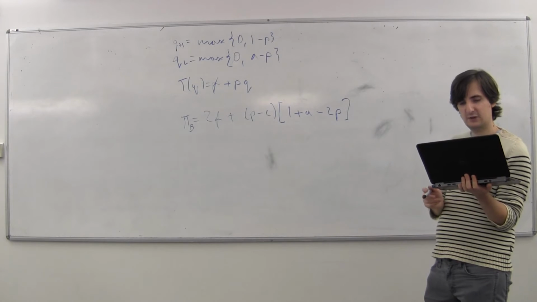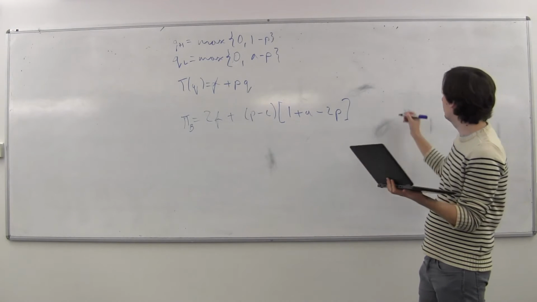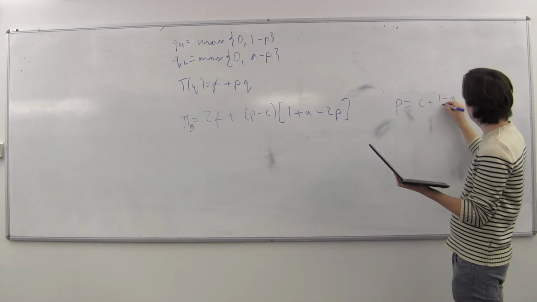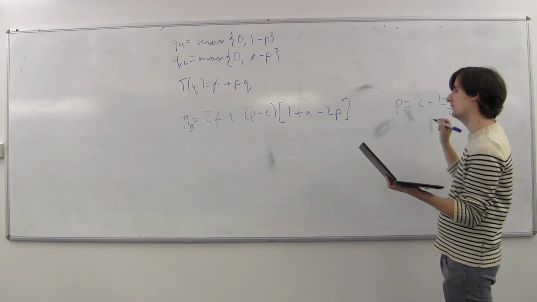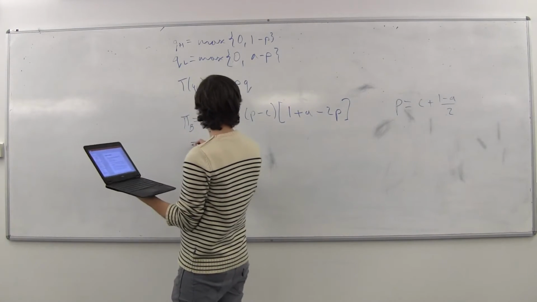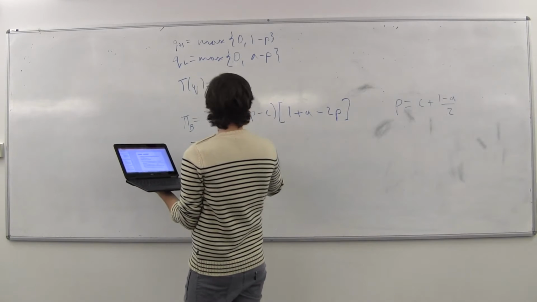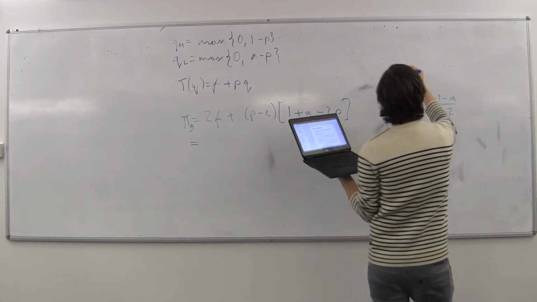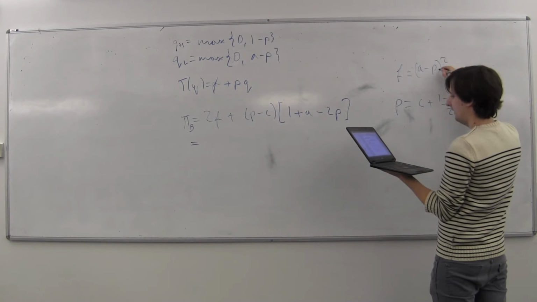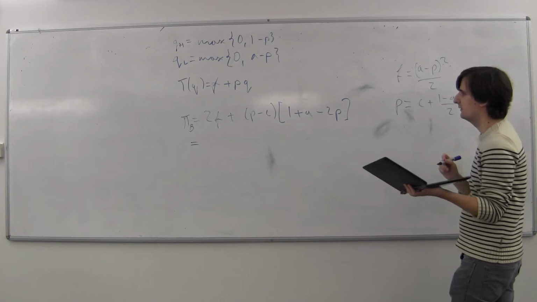And we showed in the lecture that firms wanted to set price equals C plus 1 minus A over 2. Okay, remember we showed that in the lecture? So if you substitute that in, and also we had that F is equal to A minus P all squared over 2.